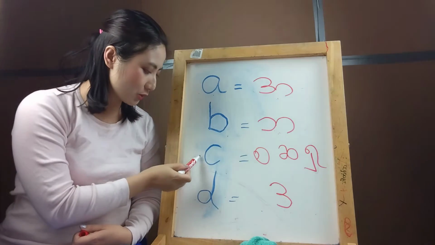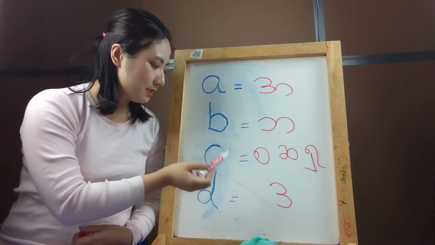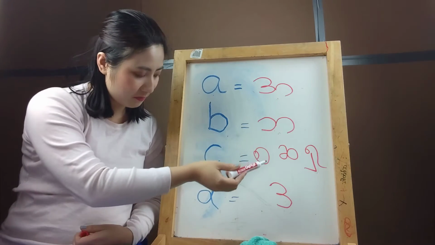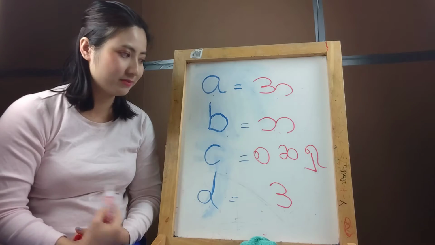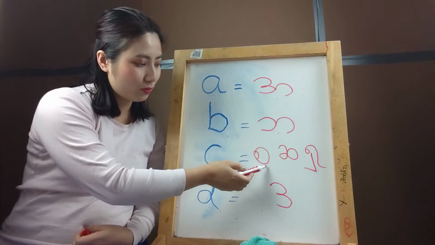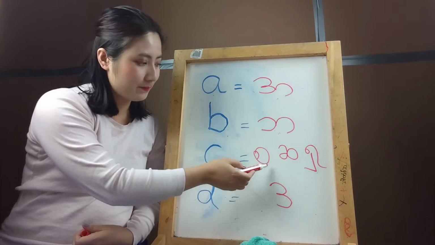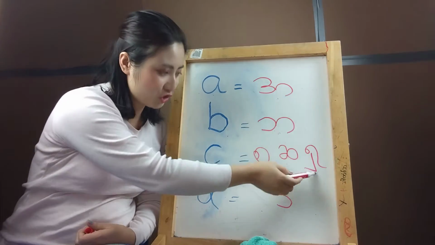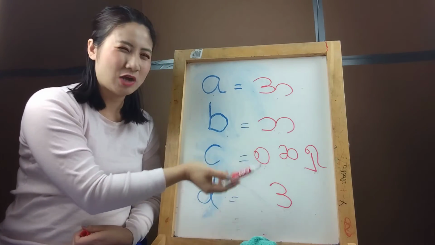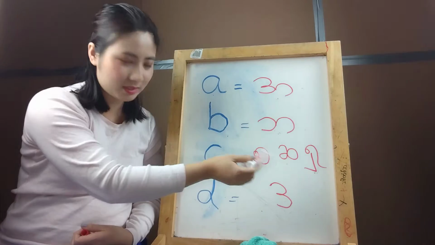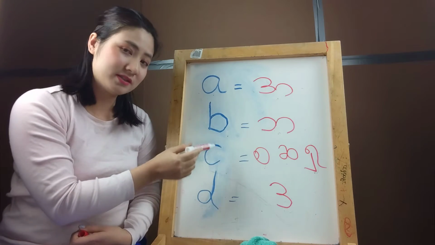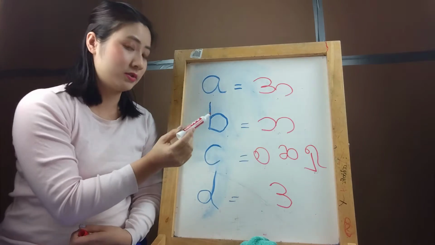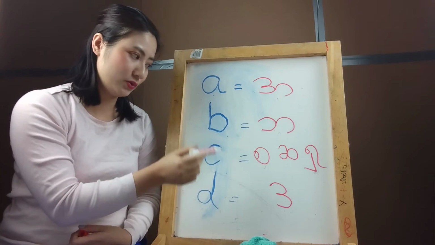And then the next one is C. For C, we have a few different alphabets that make the same sound in Korean. So if you remember one of them, it's good. So it looks like one of these, S, and then sh. Okay, it also makes a sound like S. This also makes a sound like k or s, depending on how you use it.